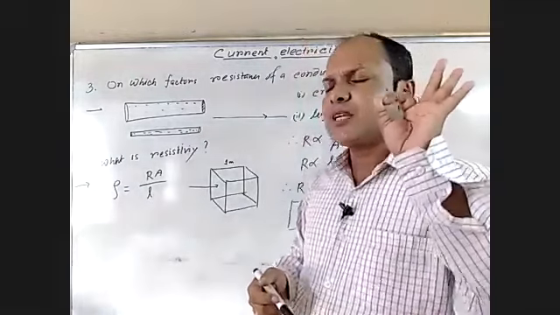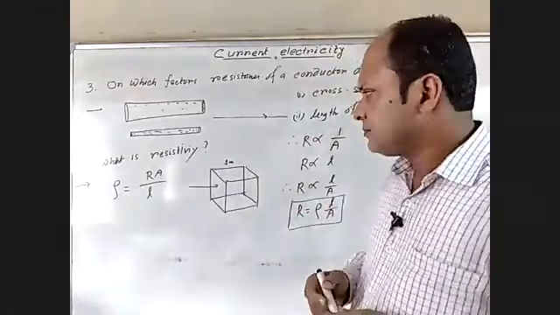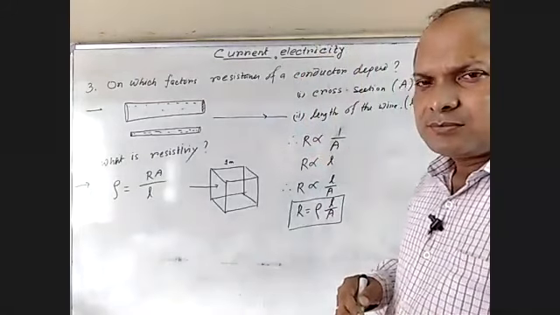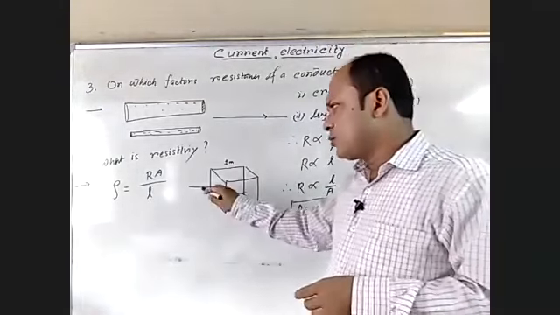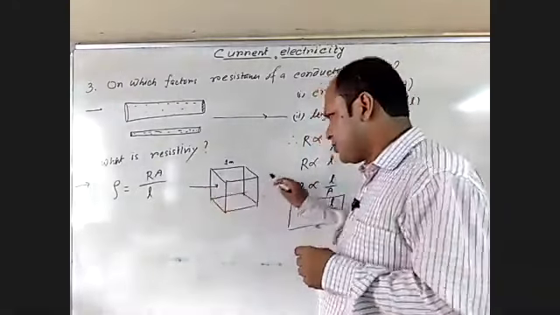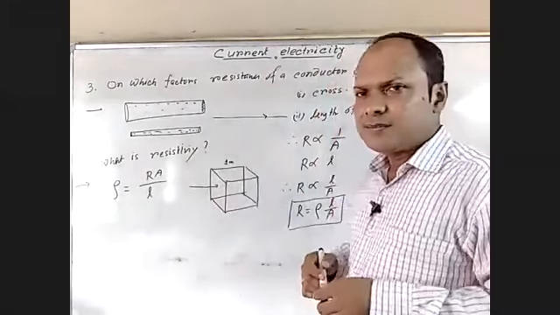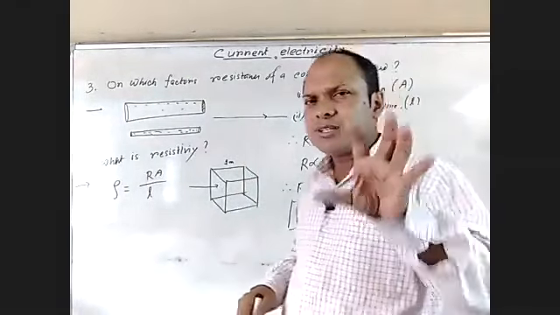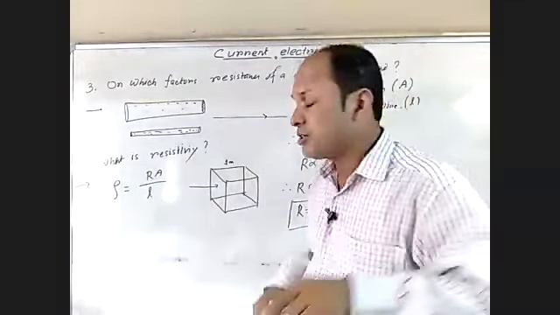This is fixed for a particular material, and it can be defined as the resistance offered by a cubical block having unit length when current flows from one face to the opposite face. Whatever resistance is offered by the cube against the flow of current, that value of resistance is called the resistivity of that material.